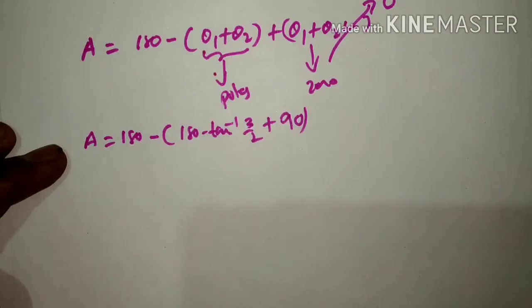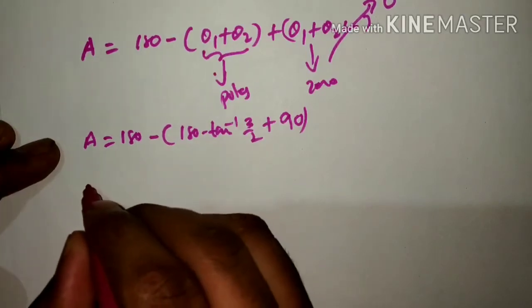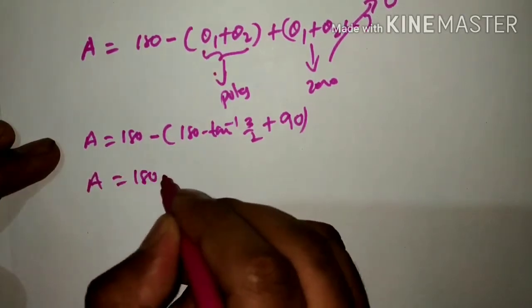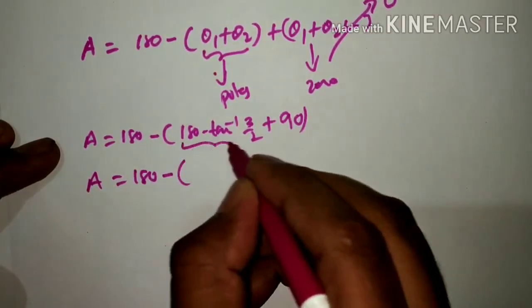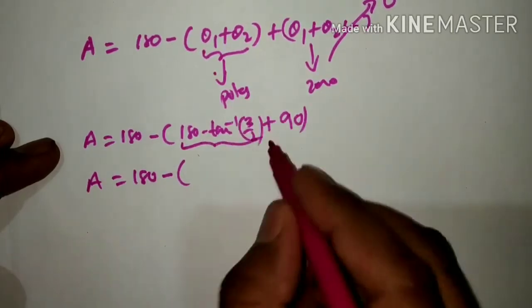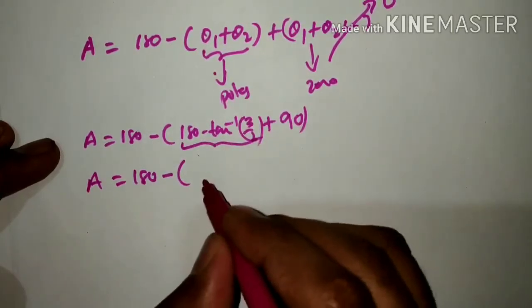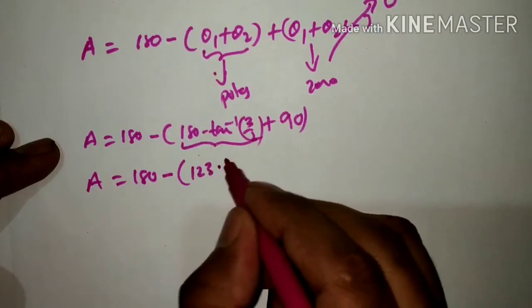So 180 minus tan inverse 3 by 2 is around 123.7 degrees.